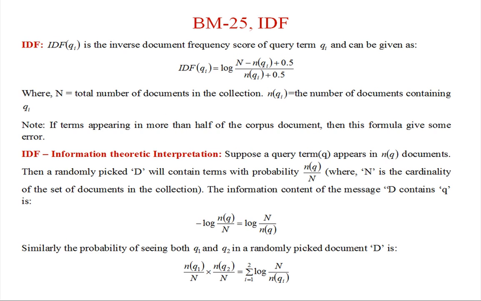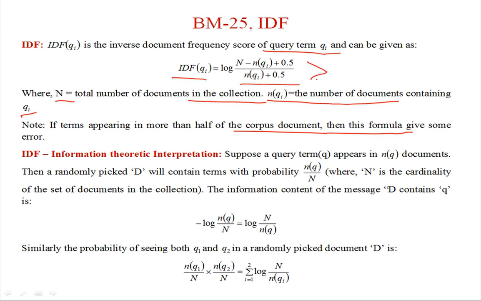Actually, IDF of qi is the inverse document frequency score of query term qi, and it can be given as IDF of qi equal to log of capital N minus n(qi) plus 0.5, divided by n(qi) plus 0.5, where capital N is the total number of documents in the collection and n(qi) is the number of documents which contain the query term qi. This is for balancing. If a term appears in more than half of the documents in the corpus, then this formula gives some error. This is the major demerit of this formula.